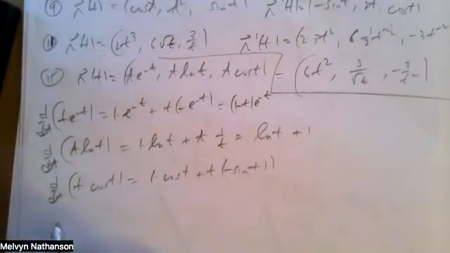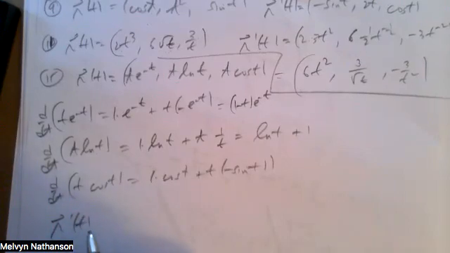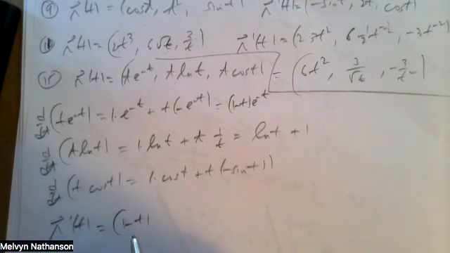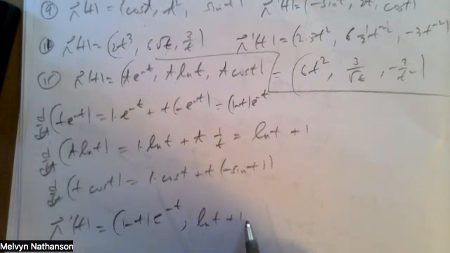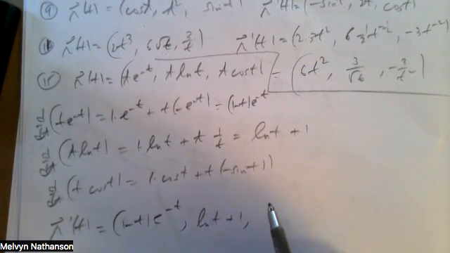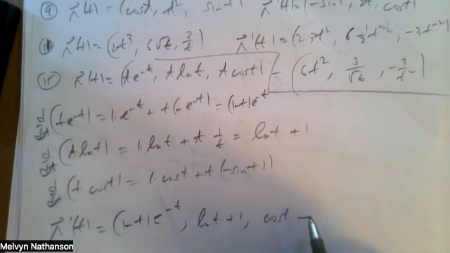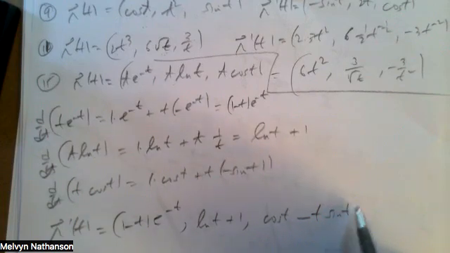So for this function, the derivative r prime of t is 1 minus t e to the minus t, comma, log t plus 1, comma, cosine t minus t sine t.